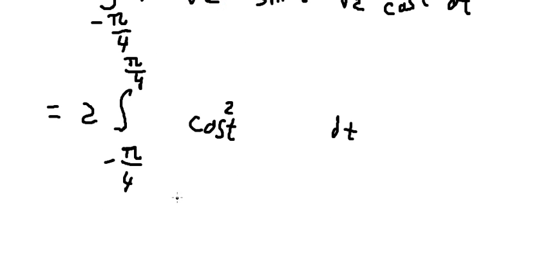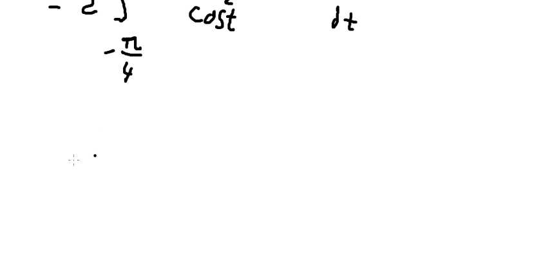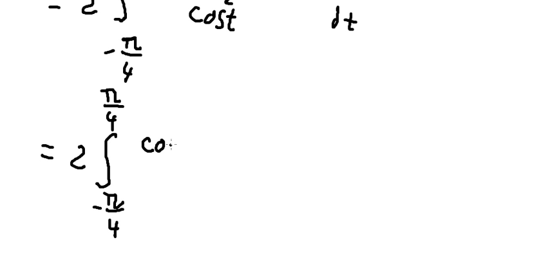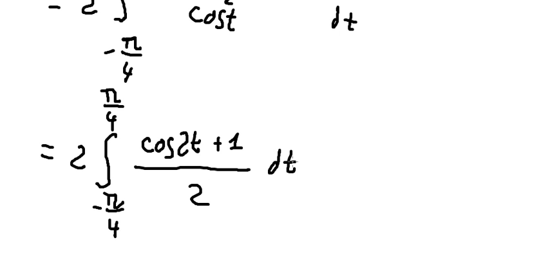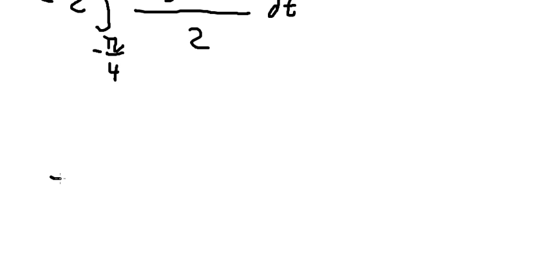And now we have the formula in here. So cosine 2t plus 1 over 2 dt. So 2 and 2 we cancel.